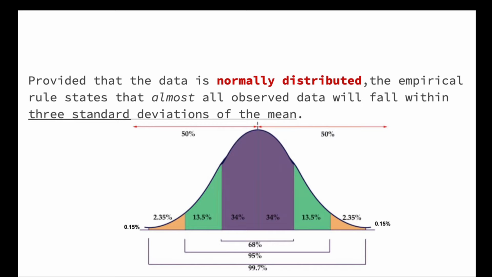We use the empirical rule when we have a set of data that is normally distributed. Now, provided that it is indeed normally distributed, the empirical rule tells us that almost all of the observed data will fall within 3 standard deviations of the mean. So here is the application of the empirical rule.